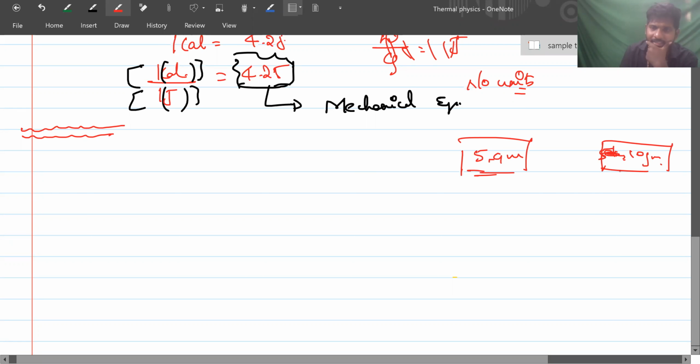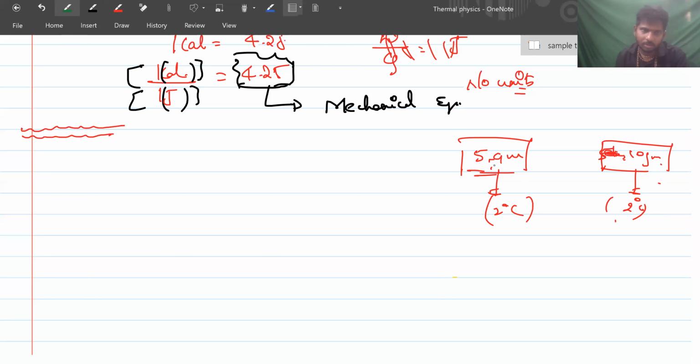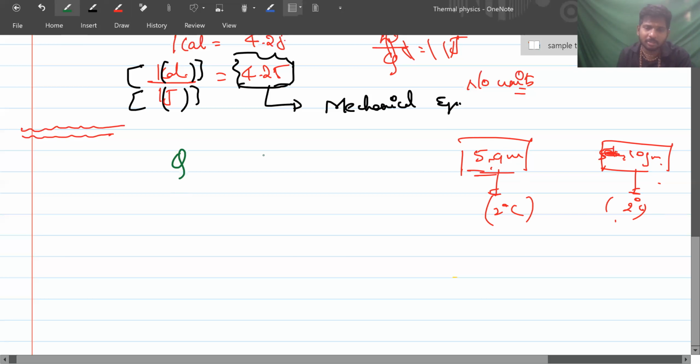If you want to raise both substances, both water, one 5 grams and the other 10 grams, by 2 degrees temperature, which will require more energy? Of course, 10 grams will require more. The amount of heat required is proportional to the mass of the substance.